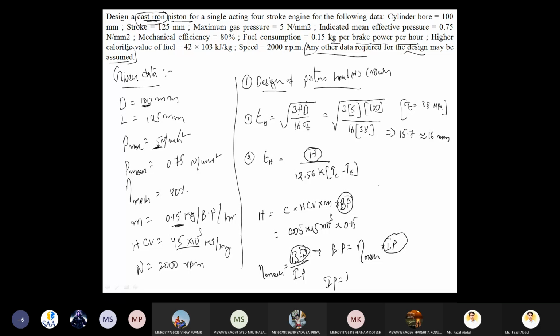Mean effective pressure into L A into N by 60. The mean effective pressure is given in the question as 0.75, and the L value is given as 125. Here the IP value is in watts, so we have to substitute the values in meters.